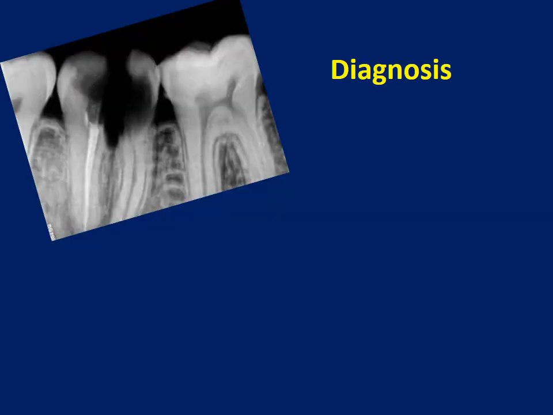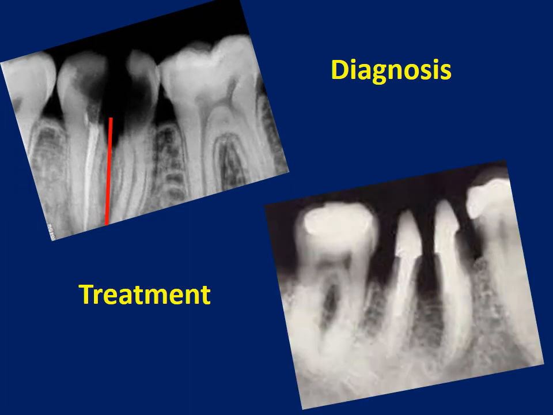For example, this tooth has an extensive lesion in the mesial root, so we do hemisection. Sometimes when we've got extensive bifurcation involvement, but the endodontic treatment is very good and the bone support is very good, we do the hemisection and crown them as two separate teeth.